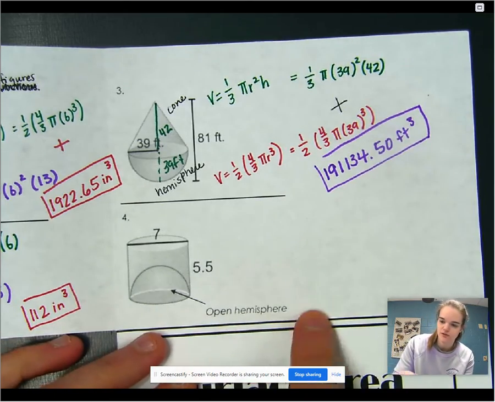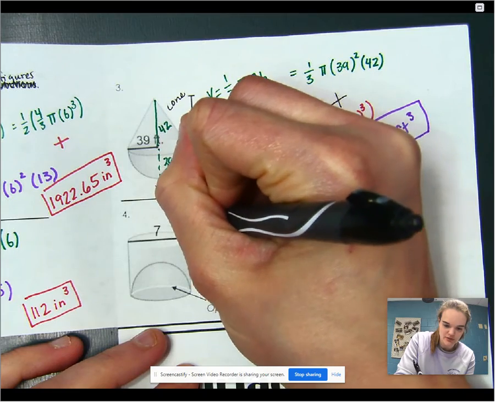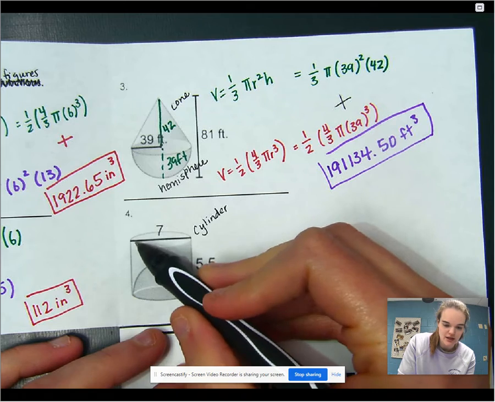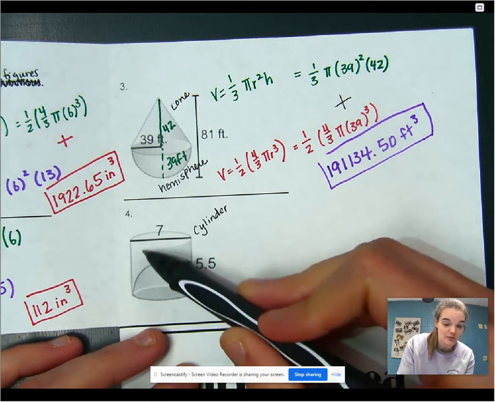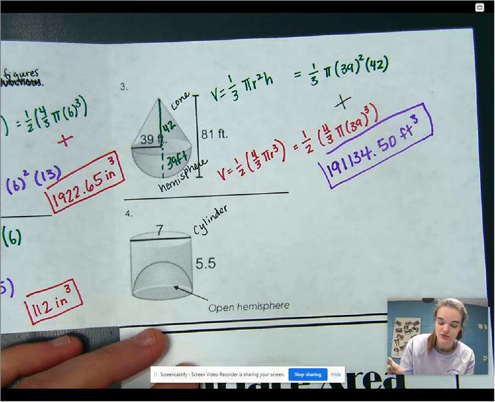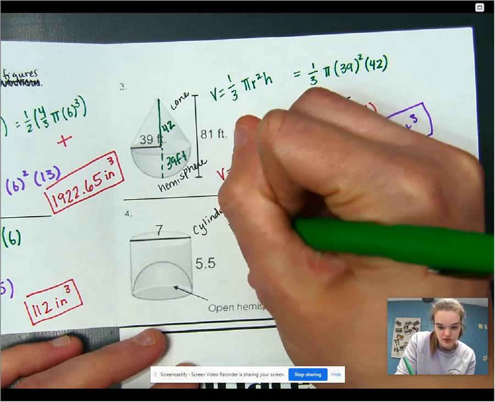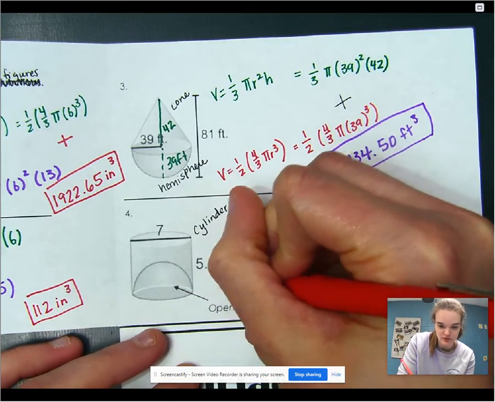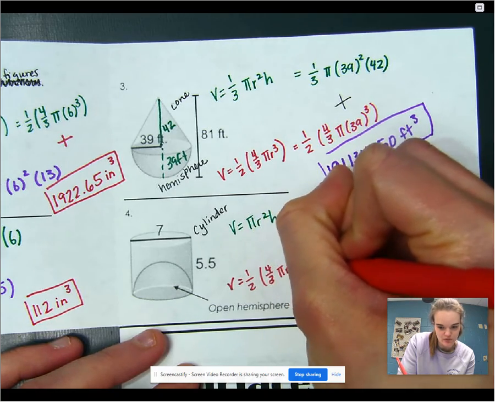All right, last, let's talk about this. We have a hemisphere. We have a cylinder. Now let's actually talk about what's going on in this one. This is actually a cylinder with a hemisphere cut out. That means the volume is smaller. We want the volume of this. So we're going to have to find the volume of the cylinder and subtract the hemisphere's volume. The volume of a cylinder is pi r squared h, and we will have to subtract the volume of the hemisphere, which again is 1/2 of 4/3 pi r cubed.